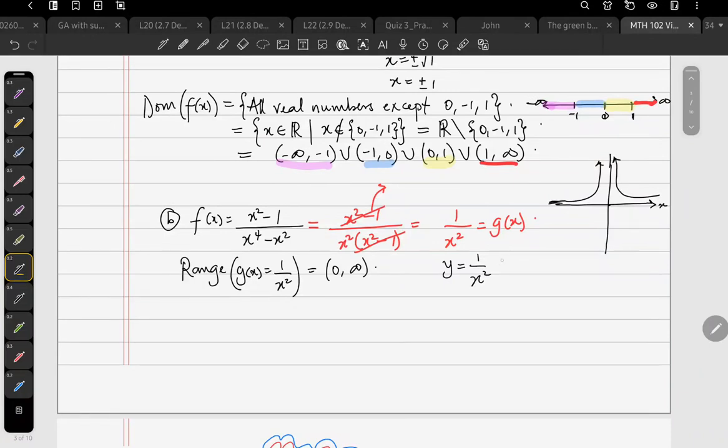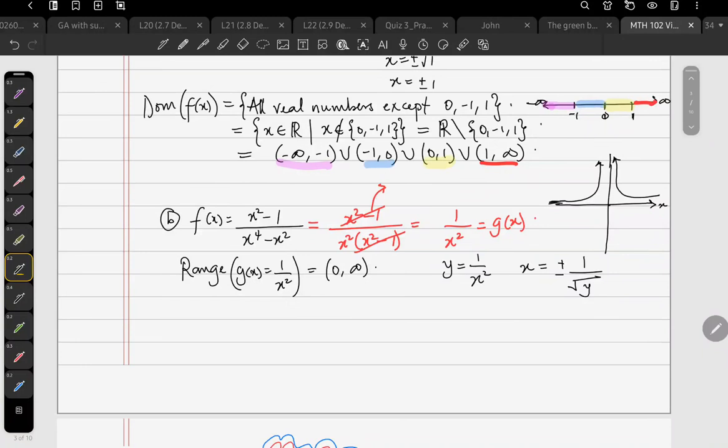We cannot get an inverse here because we are going to get x equals plus or minus 1 over square root of y. Anytime we have plus or minus there, we know it's not a function. But we can think about this.